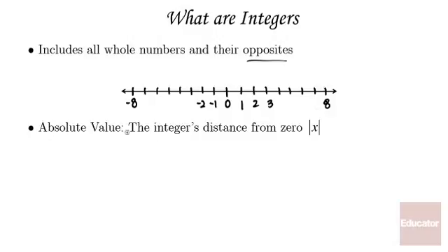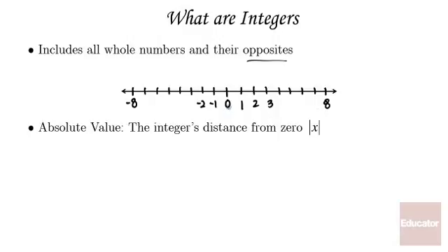Now, absolute value is the number's distance from 0. So if I ask you, what is the absolute value of 3? How far away is 3 from 0? If it's 0 right here and 3 is right here, the absolute value of 3 will be 3. It's 3 units away from 0.